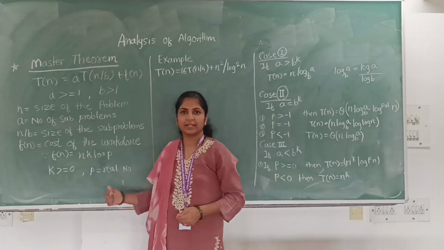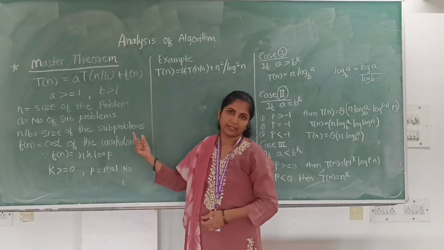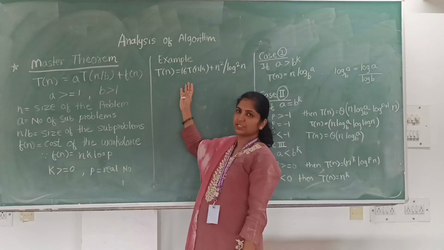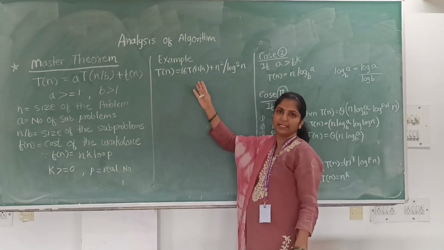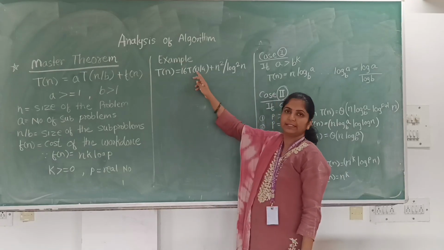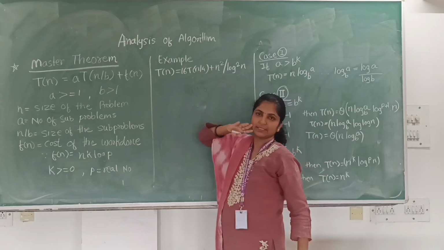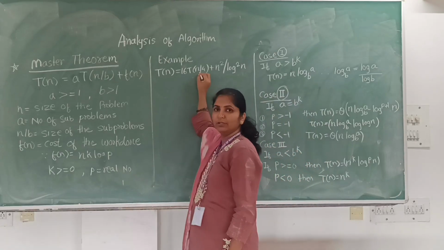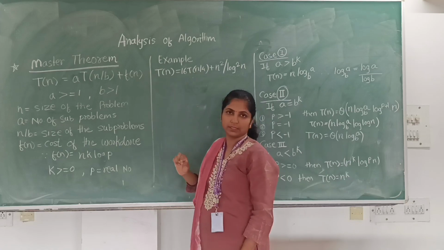We will see our next example, which is based on the master theorem. We first check whether it is of type dividing or decreasing. Here we are getting n upon 4, that means this is in the form of a dividing relation, so we can solve this example using the master theorem.